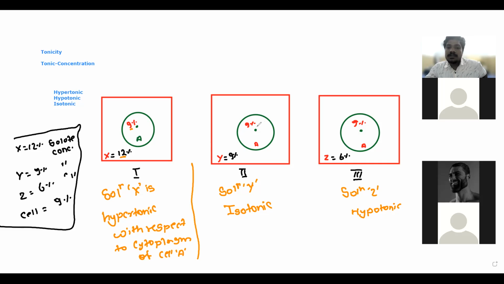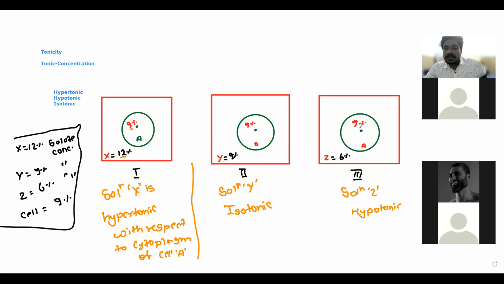We are always saying with respect to cell A. We are always saying with respect to the cytoplasm of a cell.